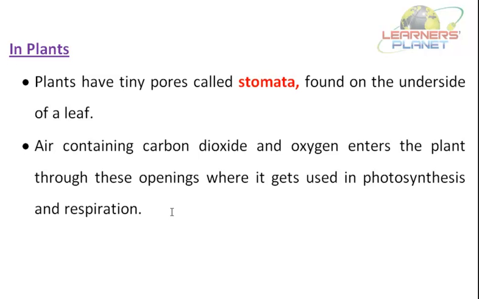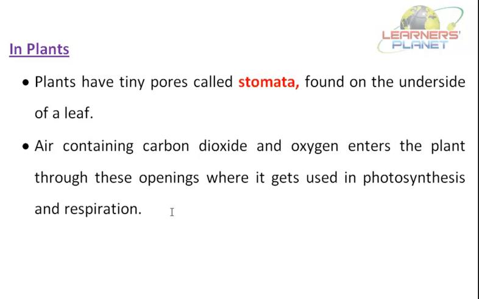So basically there are very small or tiny pores called stomata which are found on the underside of a leaf, and this makes possible the exchange of gases in plants.